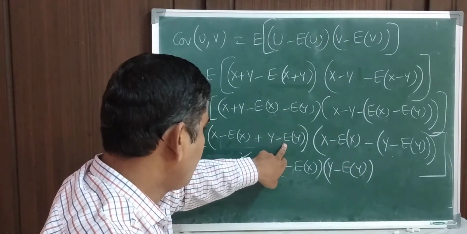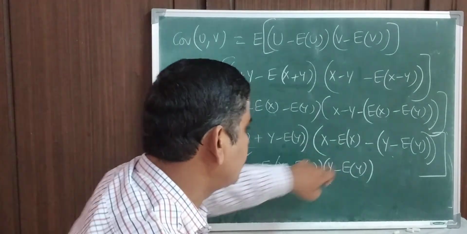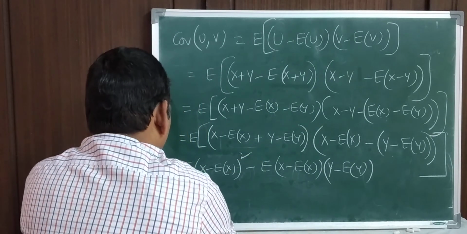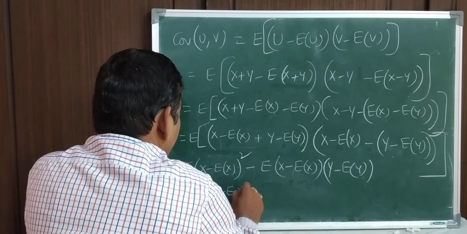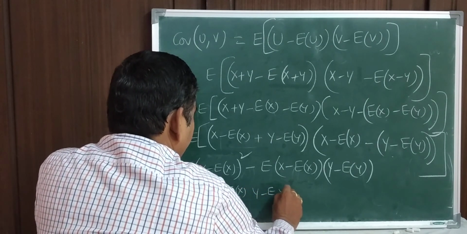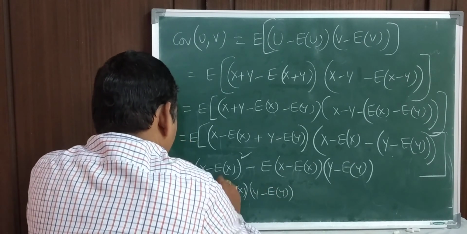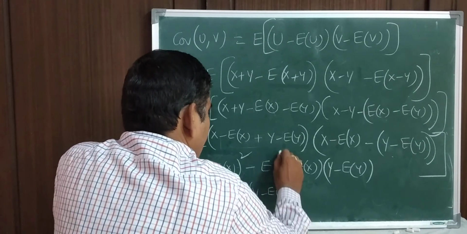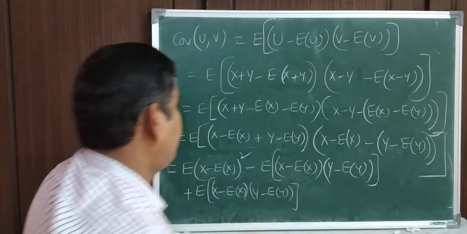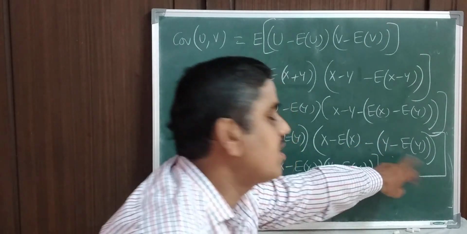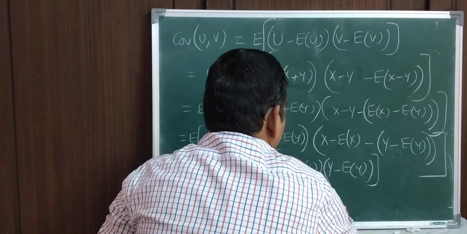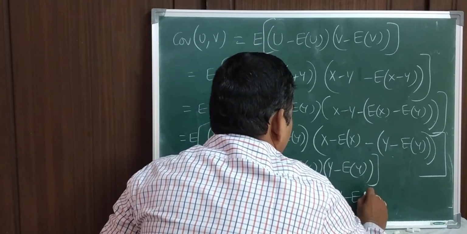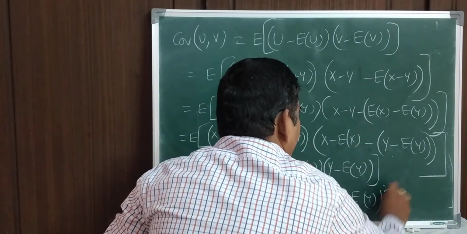Next, y minus expectation of y into x minus expectation of x with plus sign. So this is plus expectation of (x minus expectation of x) into (y minus expectation of y). Next, y minus expectation of y into y minus expectation of y with minus sign. Therefore it is minus expectation of (y minus expectation of y) the whole square.